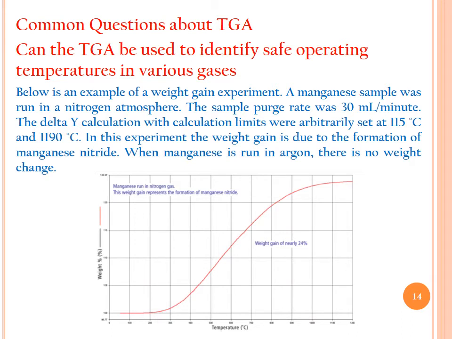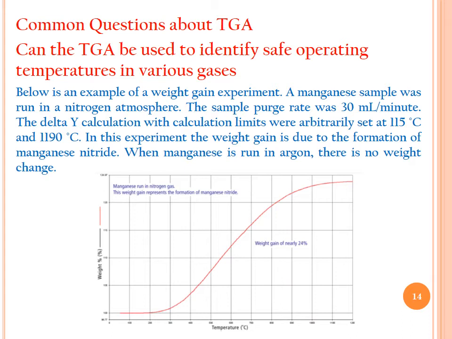The delta Y calculation limits were arbitrarily set at 115 degrees centigrade and 1190 degrees centigrade. In this experiment, the weight gain is due to transformation to manganese nitride, meaning the manganese reacts with the nitrogen gas to form manganese nitride.